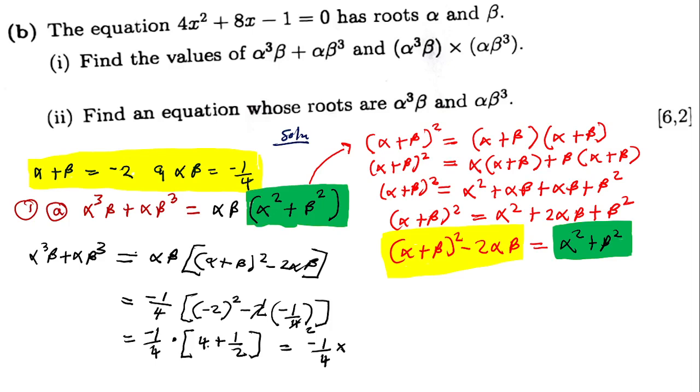Common denominator is 2, and then there it's over 1, 1 into 2, it's 2, 2 times 4, it's 8, 8 plus 1, it's 9. So you're going to have that. Then when you multiply, your final answer will just be -9/8. So you have found the first part, which is that part there.